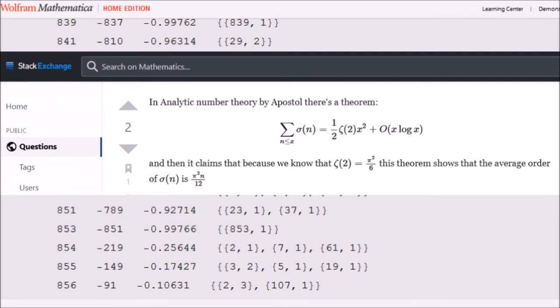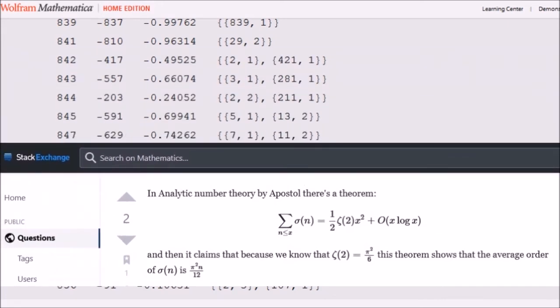That's the same thing that we have here, expressed as the sum over n less than or equal to x of sigma n equals zeta 2 times x squared over 2. So we got our x's and n's mixed up here.